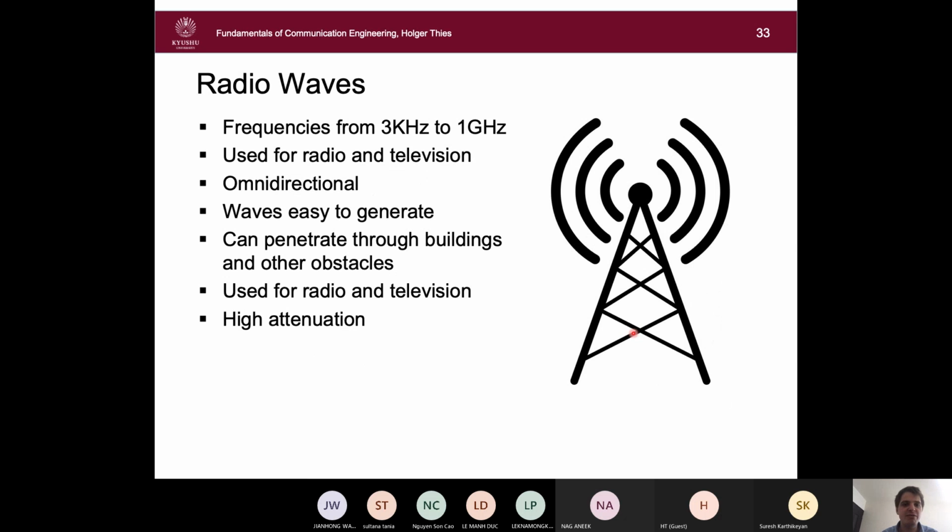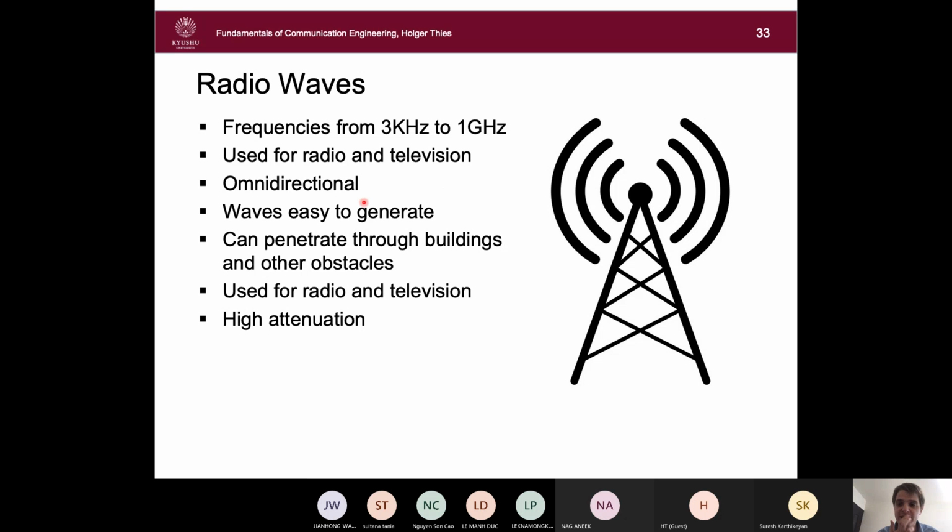Okay, let's look at the different kinds of waves that are used for wireless communication. The easiest one is radio waves. The radio waves that are mostly used have frequencies from 3 kilohertz to around 1 gigahertz. They are used for radio and television transmission.